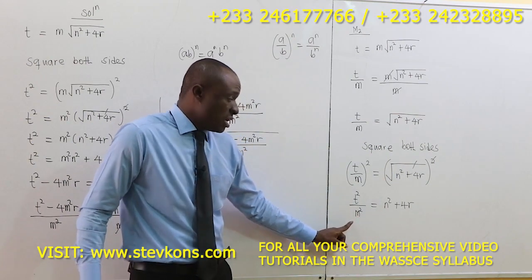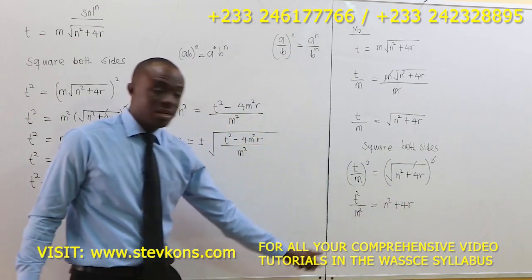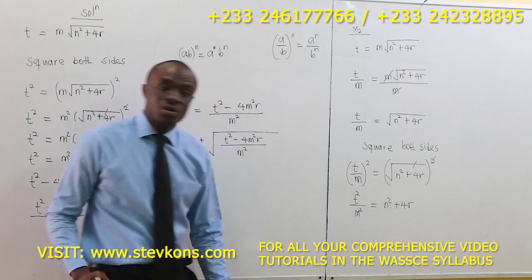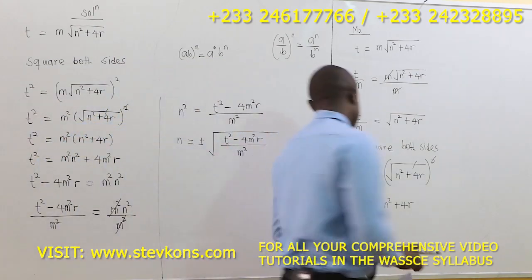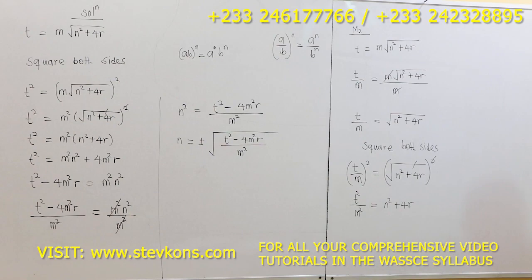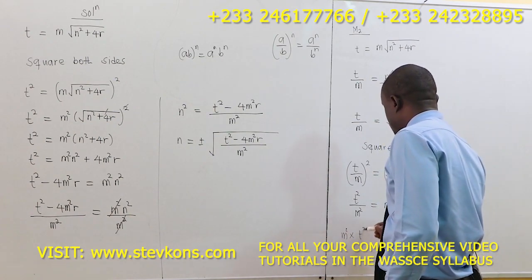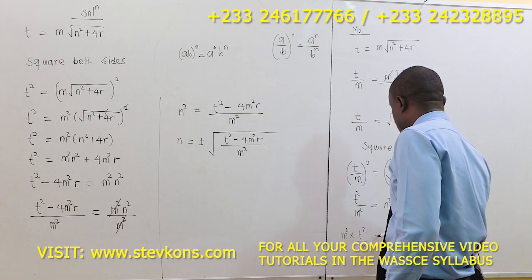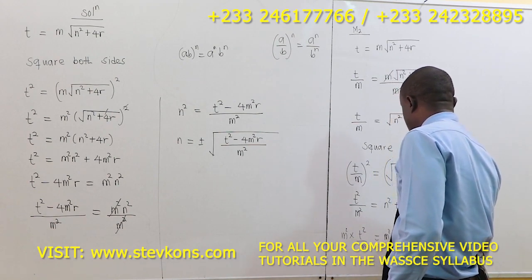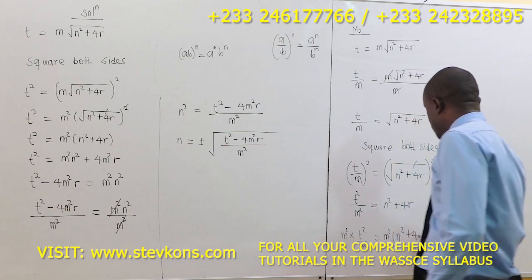So clearly, if we like, we can bring this one here, or we can multiply through with the m squared. Now, okay, let's multiply through with the m squared. So here, m squared times t squared over m squared equal to m squared times n squared plus 4r.